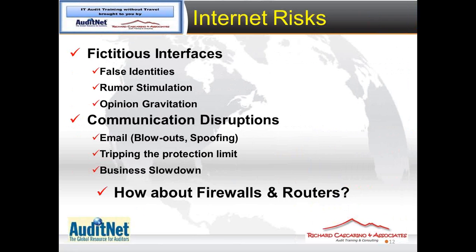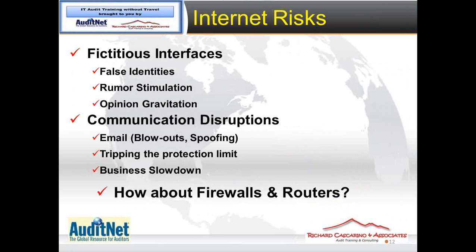So how does it happen? Well, there's a variety of ways, including false identities, coming in via a fictitious interface, pretending to be someone known to the network, but not you.